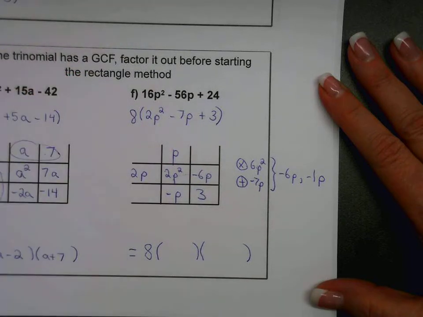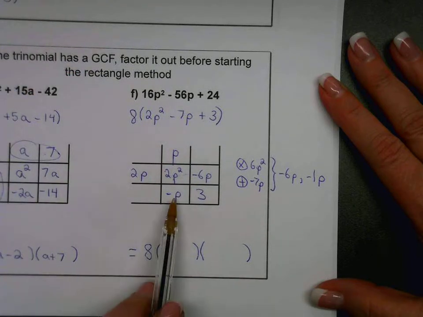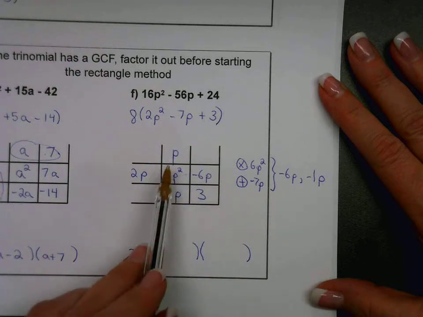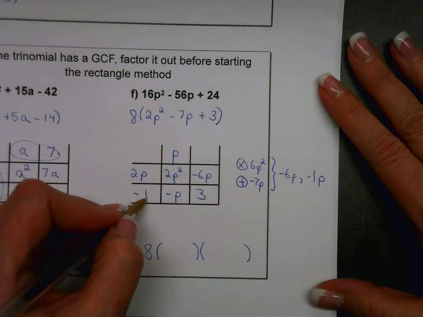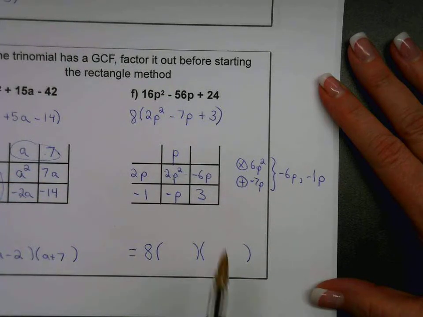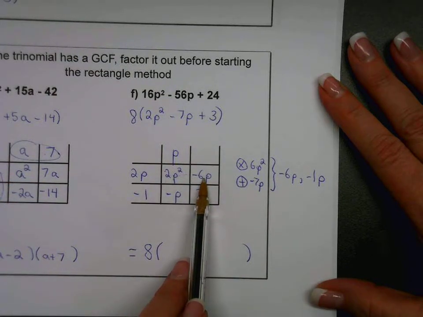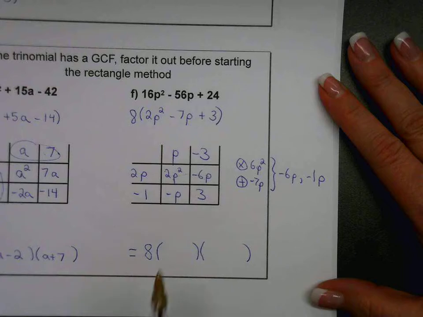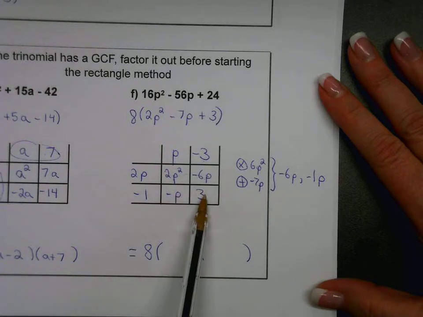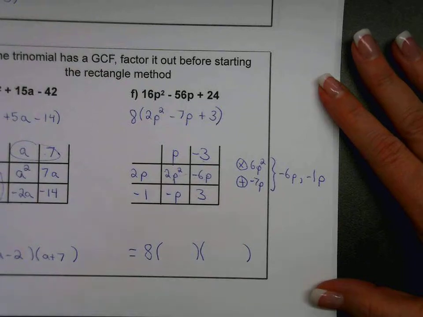So I'm just going to write it as a p. To get the -p down here, I would have to multiply the p at the top by a -1. To get the -6p, the 2p would have to be multiplied by a -3, and then my double check is that the -3 times the -1 is equal to the +3.